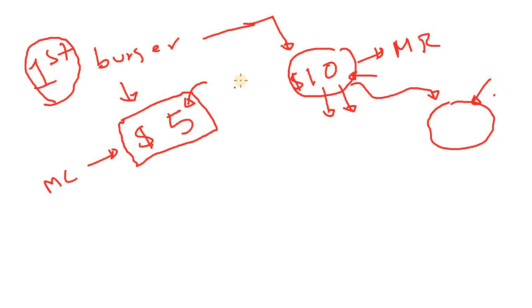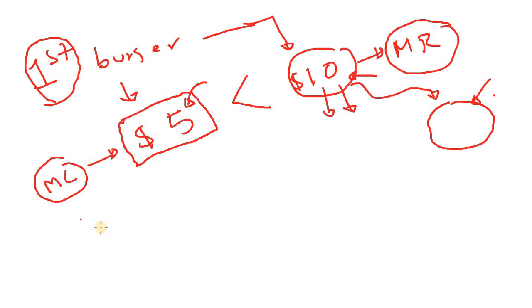So the marginal revenue is greater than the marginal cost, so definitely you're going to produce and sell the burger. Why? Because the benefit is greater than the cost. If the benefit is greater than the cost, it is likely someone will do something. In this case, the burger shop will produce the burger and sell it.